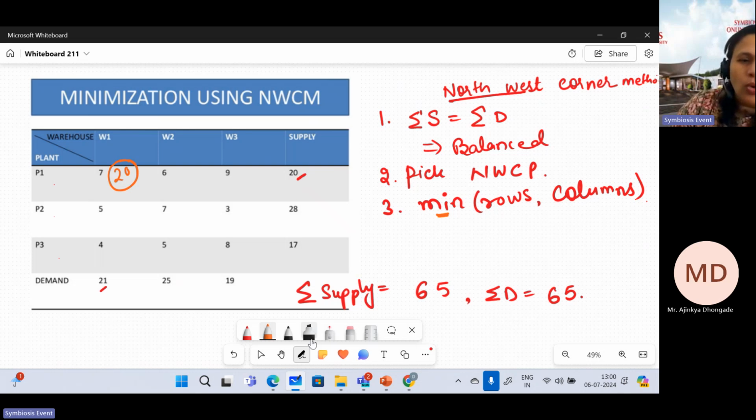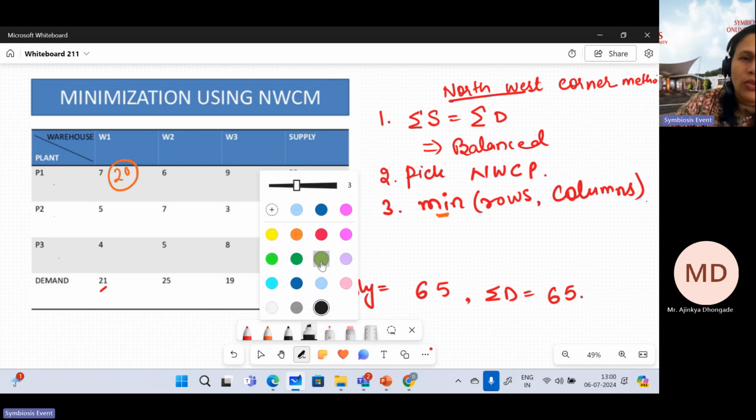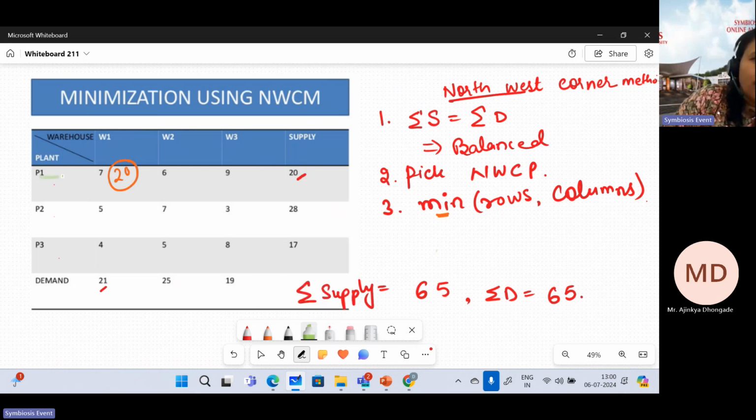It is no more part of your question, so just eliminate it. Once you have done it, this 20 becomes 0 and this 21 becomes 1. That means there is still a demand of 1 unit from warehouse 1.